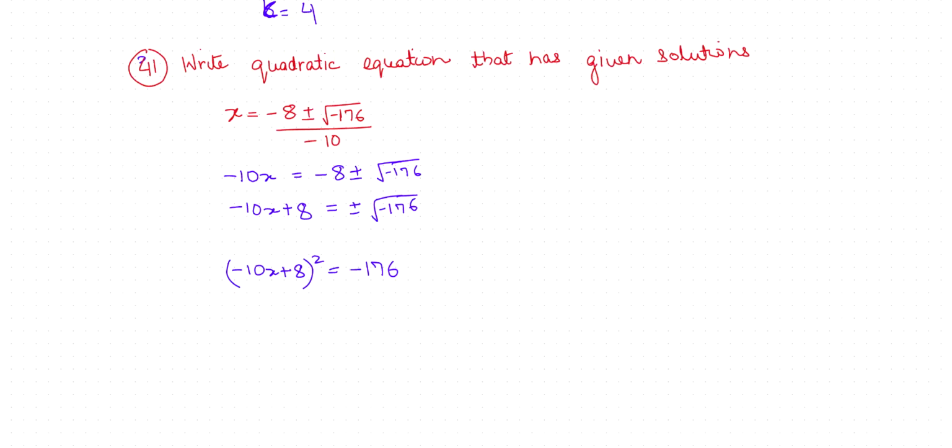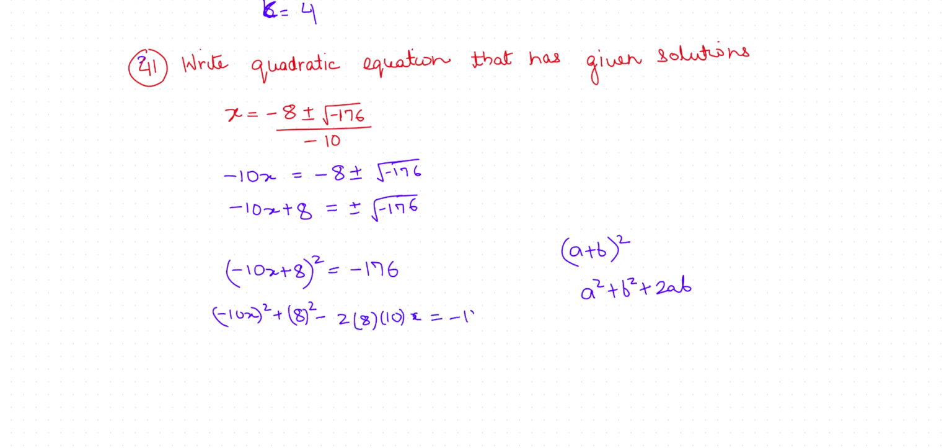Now we'll use the a plus b square formula here, which gives a square plus b square plus 2ab. So this will give us negative 10 square x square plus 8 square and negative 2 times 8 times 10x, and this is negative 176.